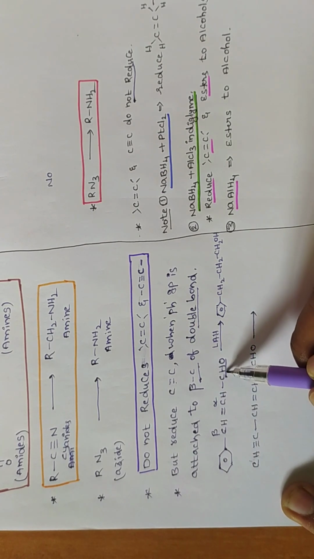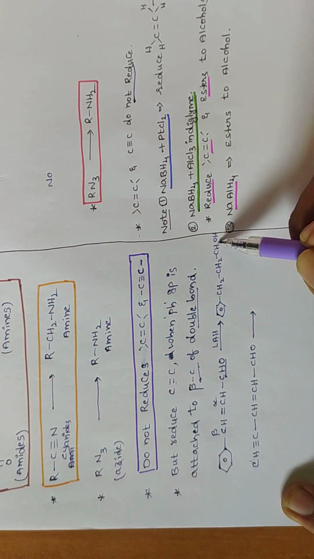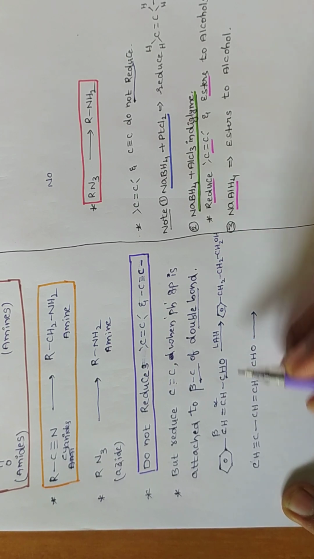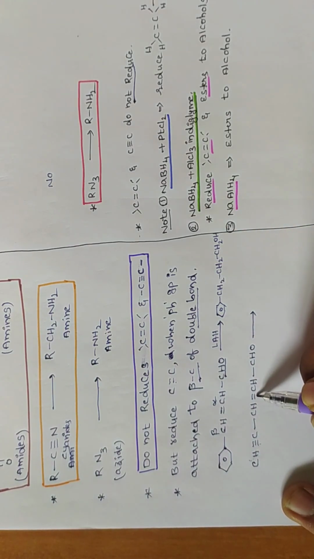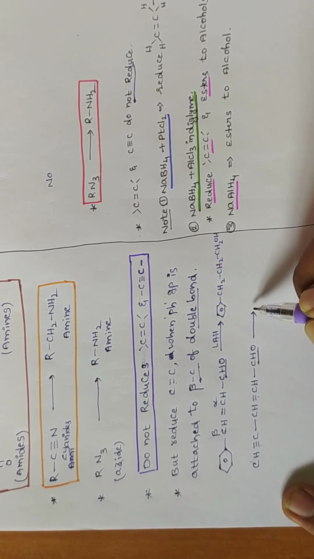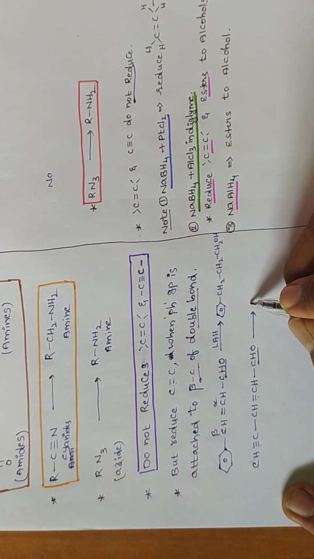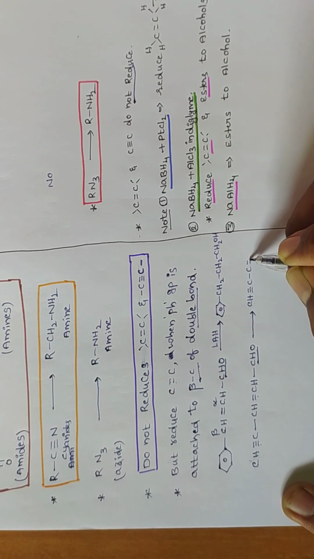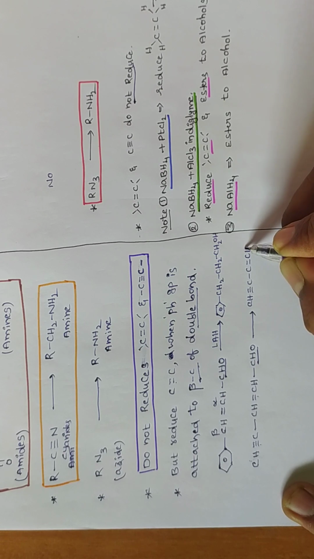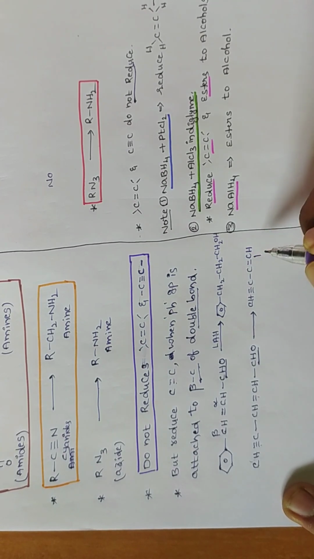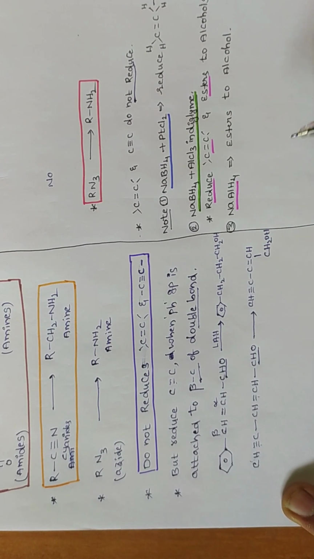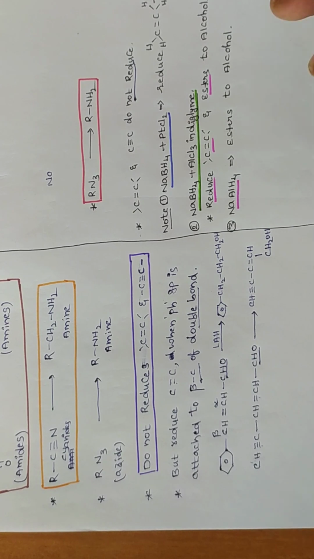Already we studied aldehydes are converted into alcohols because they contain a CO group. Next, reduce the double bond. Now here a triple bond is there, a double bond is there, and an aldehyde is there. Lithium aluminium hydride and sodium borohydride cannot reduce the carbon carbon triple bond and carbon carbon double bond, but they can reduce aldehydes to primary alcohols and ketones to secondary alcohols.